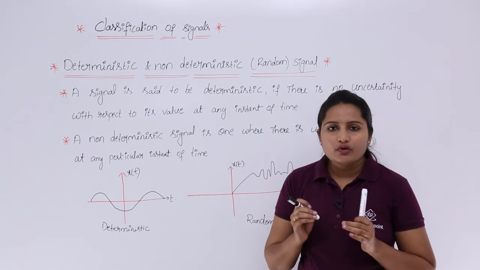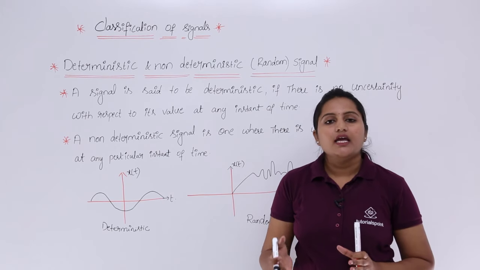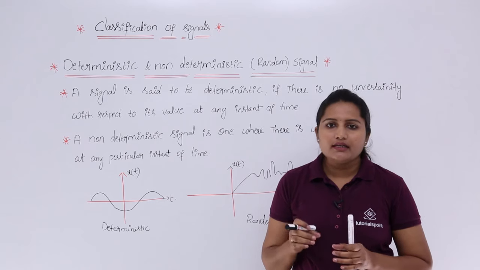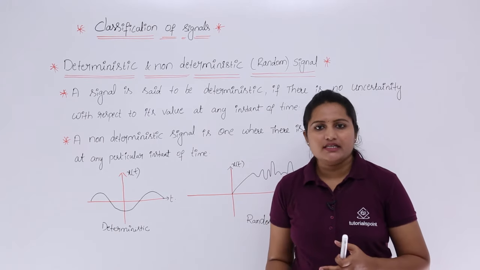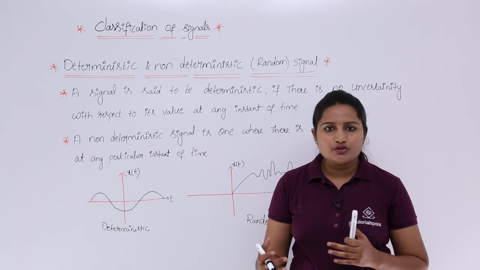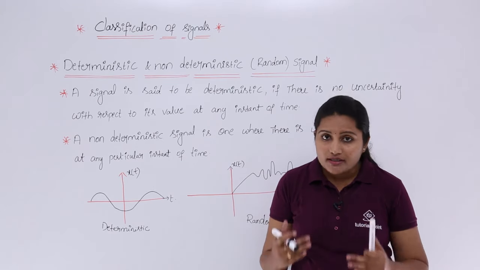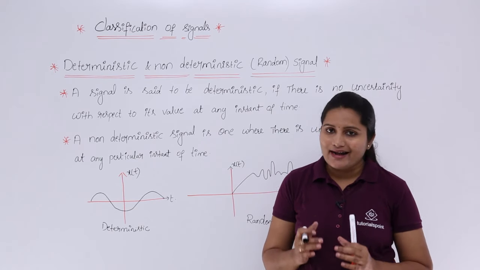The only thing is, either a continuous signal or a discrete signal, if you can define it with a relation, then that is called a deterministic signal. If a continuous or a discrete signal, you are not able to define with an equation, that is called a random signal.